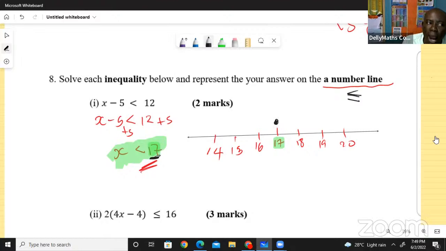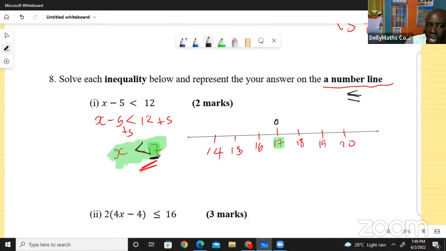But there is no bar underneath it, so I'm not going to shade it. Let me say again: if there's a bar underneath your inequality, you shade it. But there is no bar, so I'm going to remove the shade.